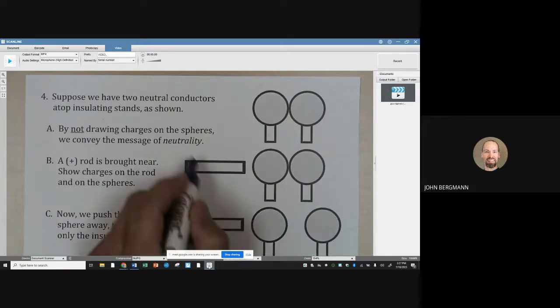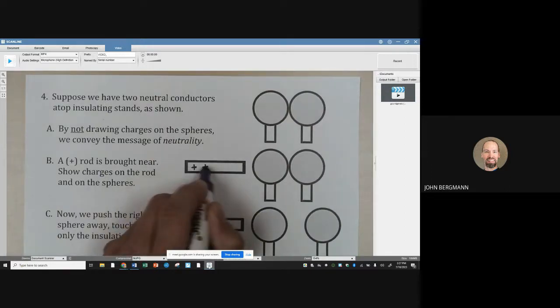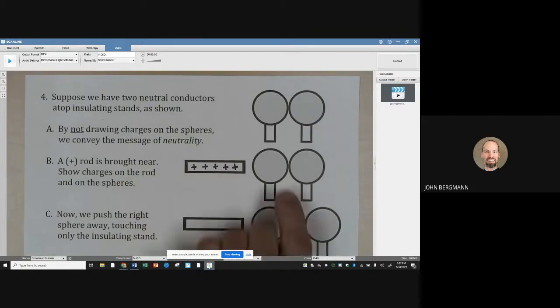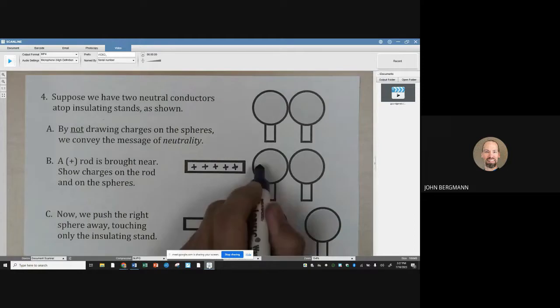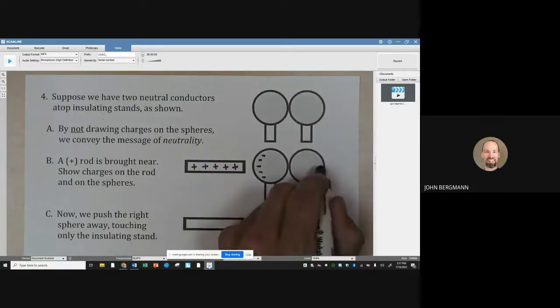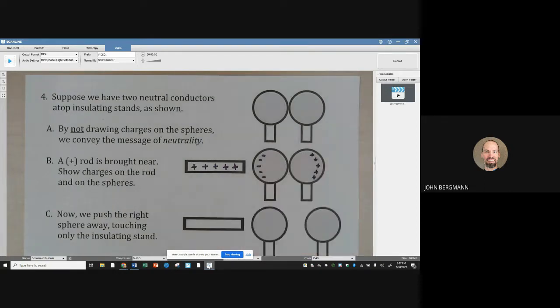In part B, we're going to bring a positively charged rod close to these spheres. And what's going to happen is the conduction electrons, some of them anyway, are going to tend to move towards this positive charge because they're attracted. Now, what that's going to do here, these positive charges haven't moved.